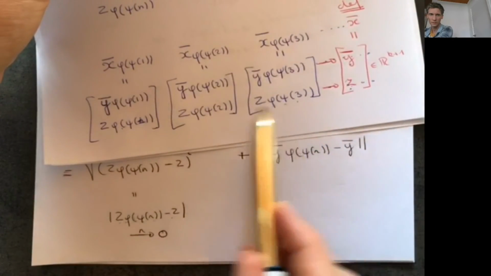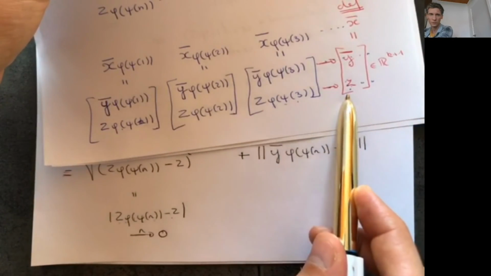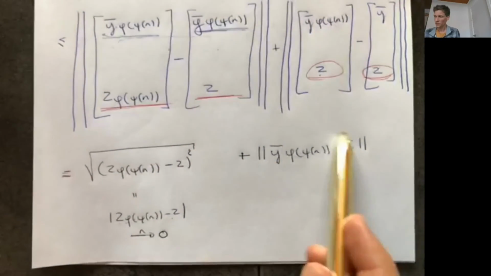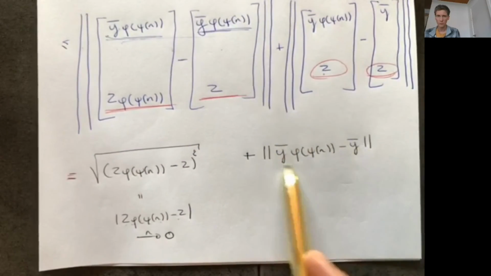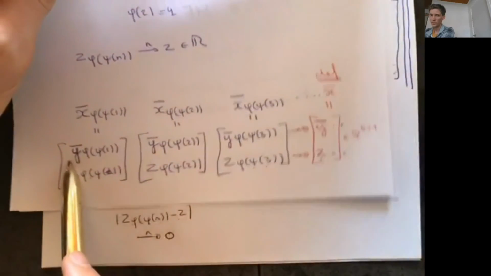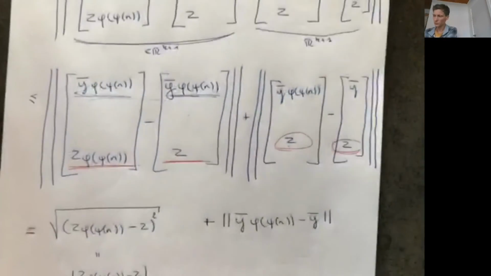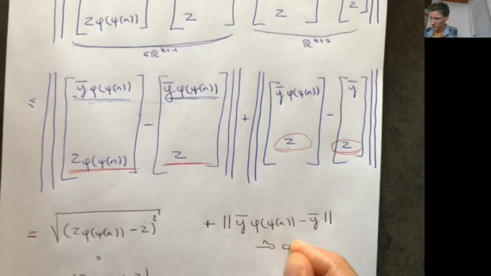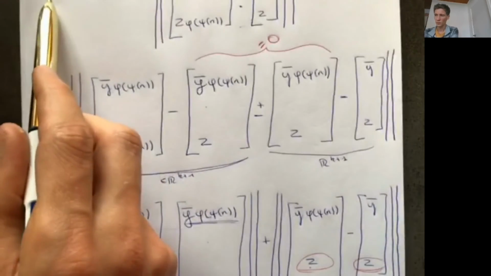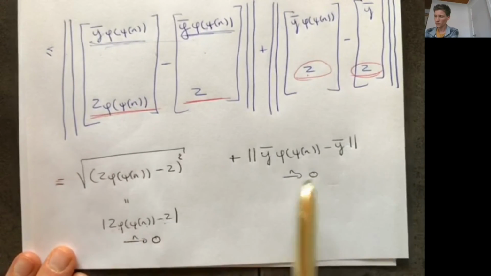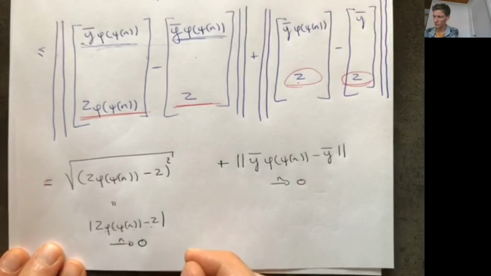Okay, so this is what we have written here. This sequence here of numbers converges to this. This here is a sequence of numbers, but we know that the y's converge to this y, so this also converges to 0. So we have a sequence of numbers which is less or equal to the sum of two sequences that converge to 0.